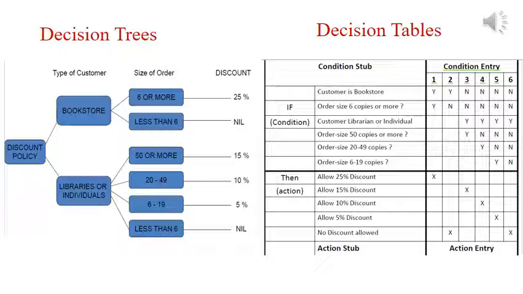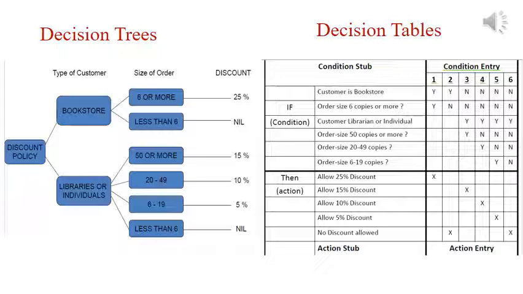How do these four quadrants behave? In the condition stub, we consider all the possible conditions, 1 to 6. First is customer is bookstore, second is order size is 6 or more, and third is customer is a library or individual, which has further conditions: order size is 50 or more, order size is 20 to 49, and order size is 6 to 19. So these are the conditions.